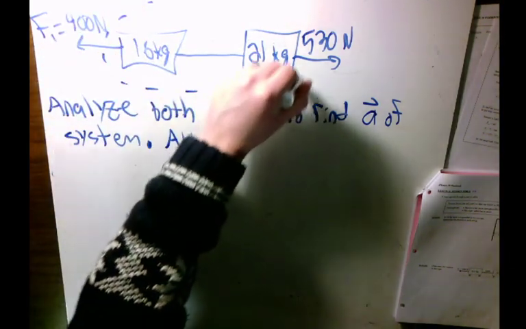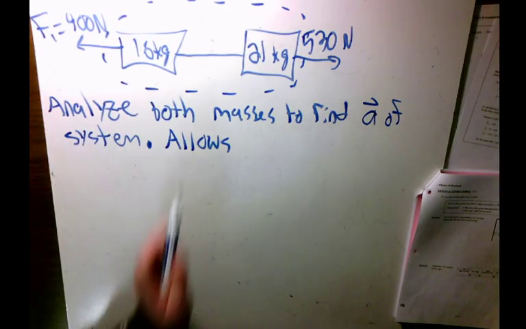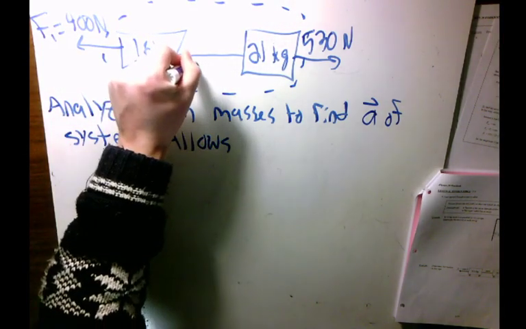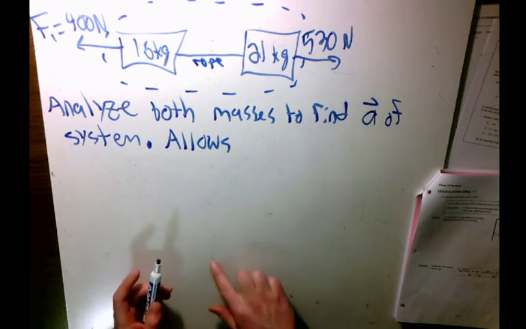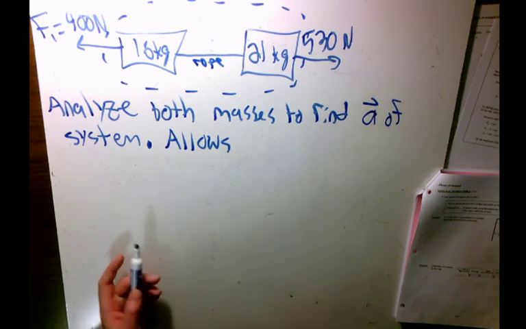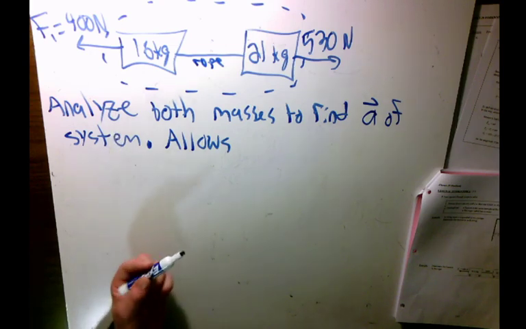So by drawing my bubble like this, now the tension in the rope is an internal force, and we're going to ignore it, because free body diagrams, again, can't emphasize how important this concept is, are only analyzing external forces.